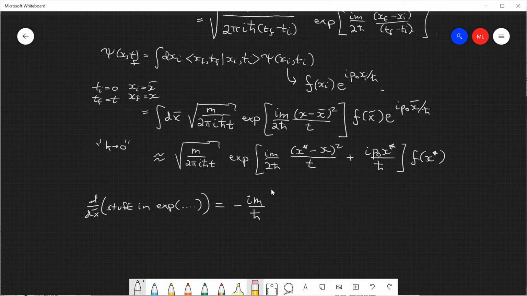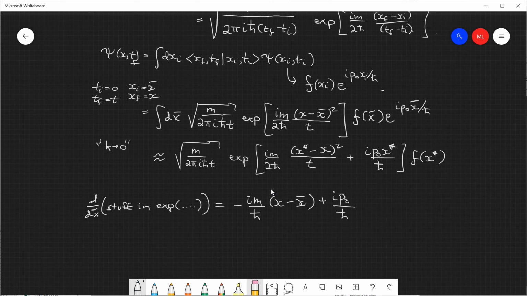The 2's cancel. We get x minus x bar. And from the exponential part from the momentum, we just get i p naught over h bar. And the first derivative kills the x bar. So we just get that.